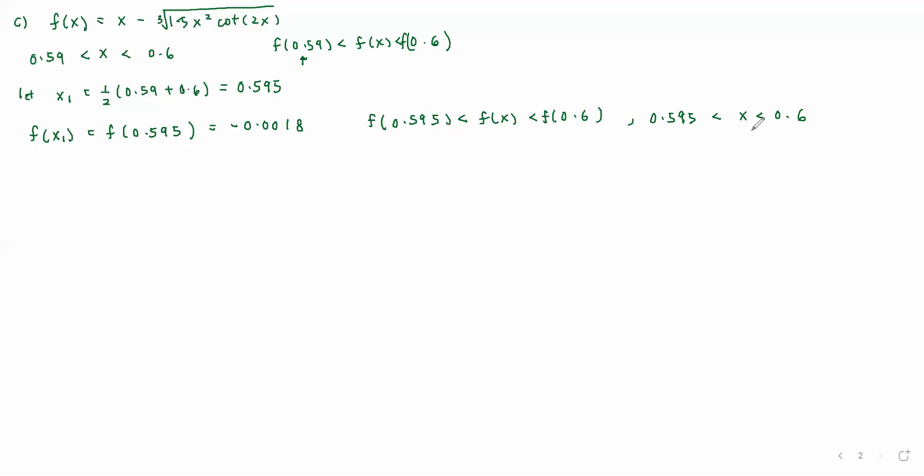So we have to continue the iteration until these two values are the same to three significant figures. Then we iterate x sub 2. We take the midpoint of these two values here. So that would be the average of 0.595 and 0.6.